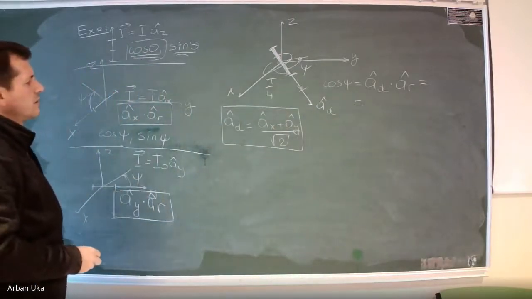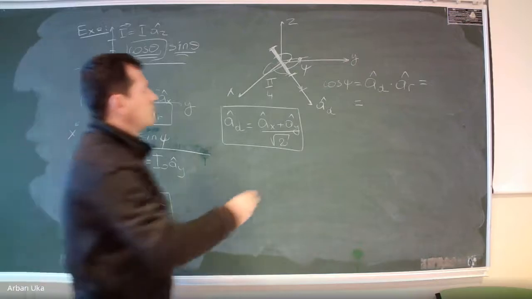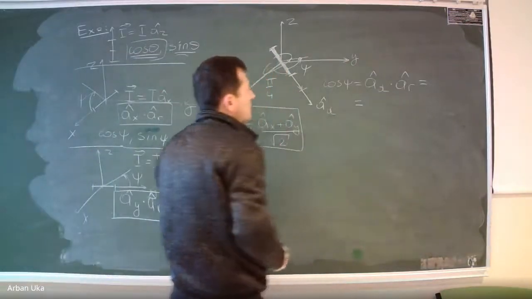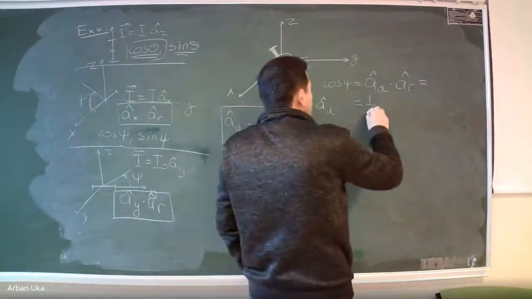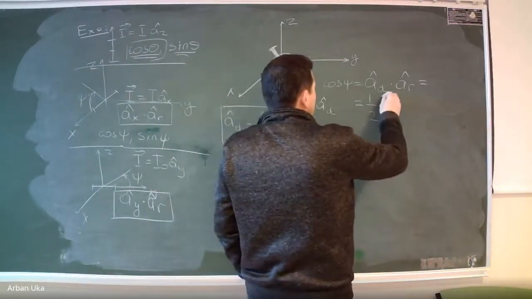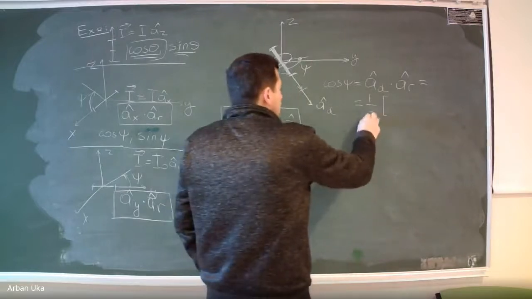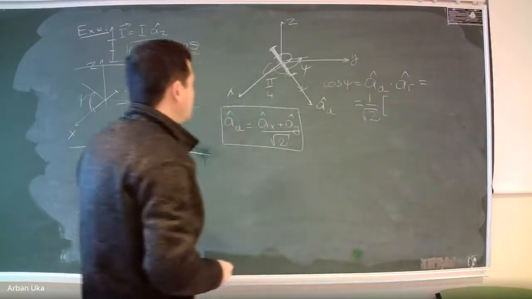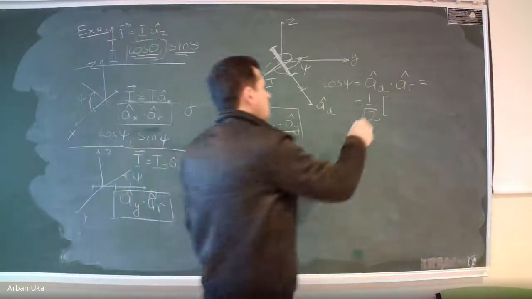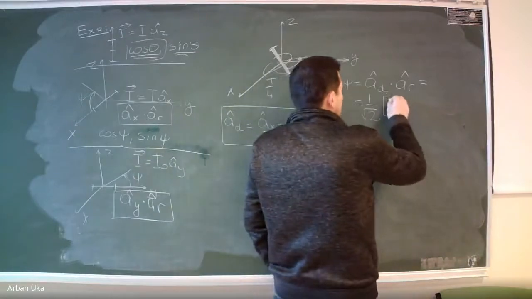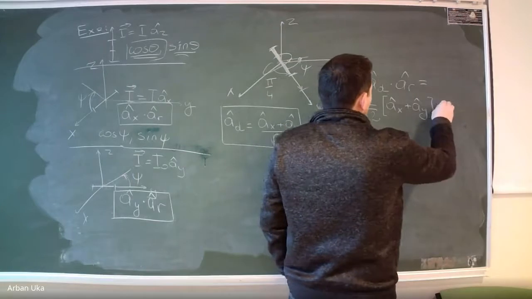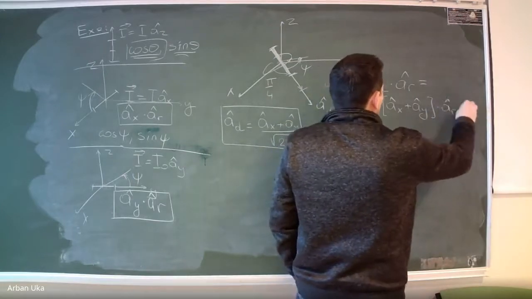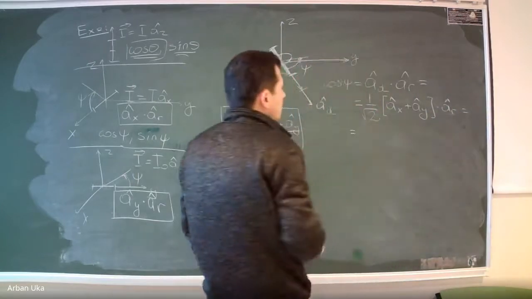And the moment we want to calculate AD dot product with AR, we would have a constant number here, 1 over square root of 2, times AX plus AY, dot product with AR.